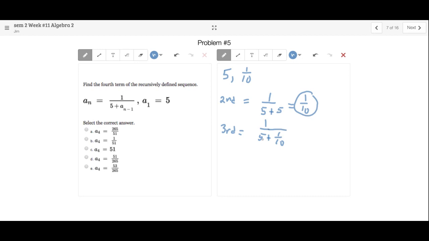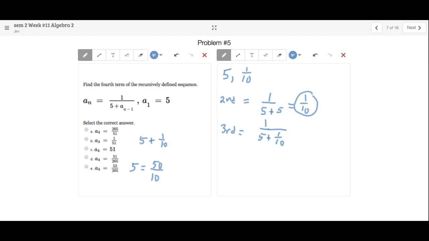How do you add 5 plus 1/10 together? Because that's what's on the bottom, right? Well, in order to add, I have to have a common denominator. So the common denominator is 10. Well, 5 written with a 10 as its denominator is the same thing as 50/10.